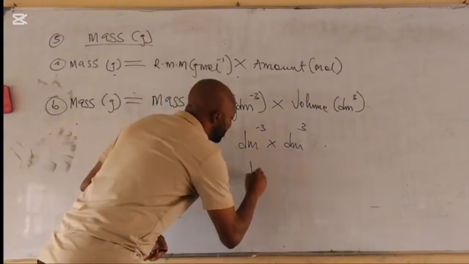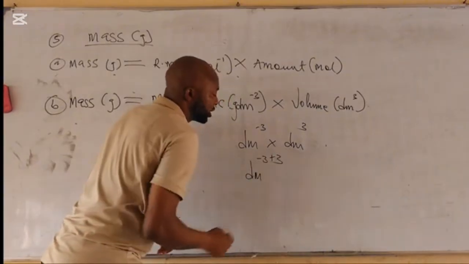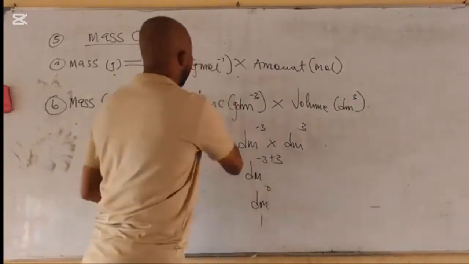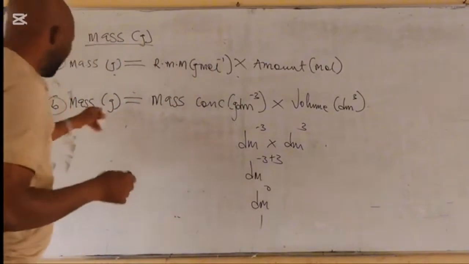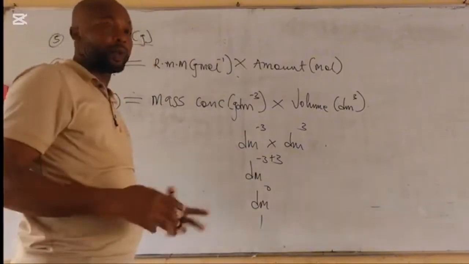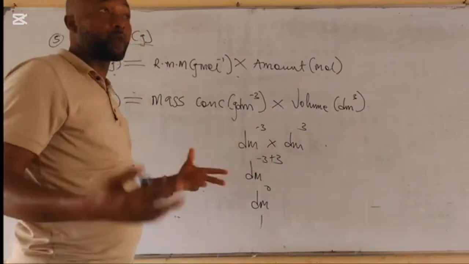So I now have dm raised to the power minus 3 plus 3, minus 3 plus 3 is 0. So dm raised to the power 0, and that is 1. 1 times g, which is gram, gives me gram. So my understanding of indices too will help. When you state out your formula with their various units, you'll be able to know whether you're right or wrong.